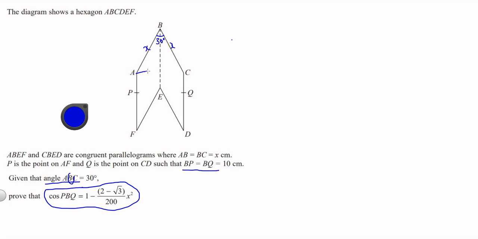So I'm going to do this one first, A to C. I'm going to use the cosine rule. So AC squared is equal to x squared plus x squared. Remember, you need to have knowledge of the cosine rule. I've covered this in a different video.